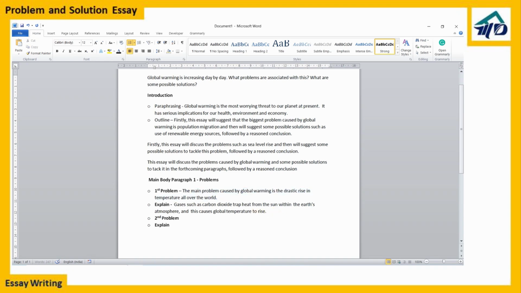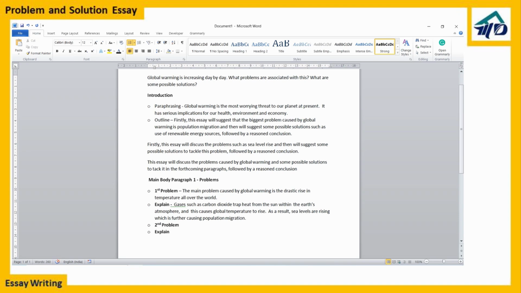Then what is the effect of this problem? I would say, as a result, sea levels are rising, which is further causing population migration.